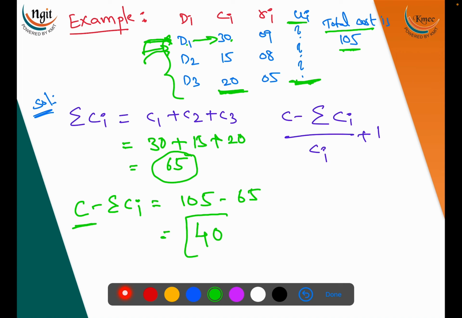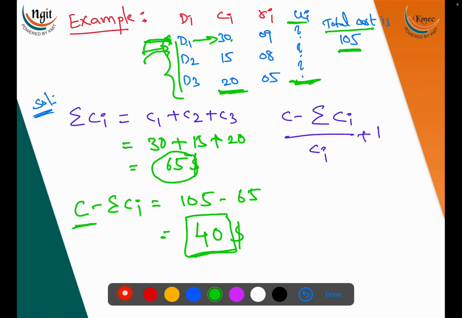I am assuming this 40 in the form of dollars. The total cost is 105, and already $65 I have spent on these devices, buying multiple copies to produce good reliability. So how much amount do I have? $40. I should spend this $40 to purchase other devices.